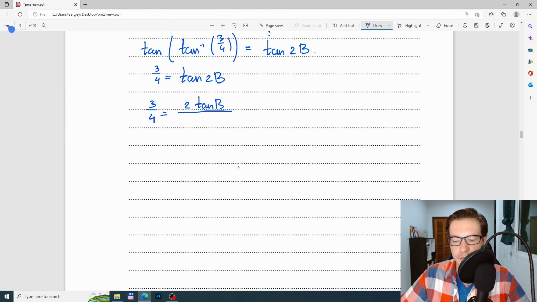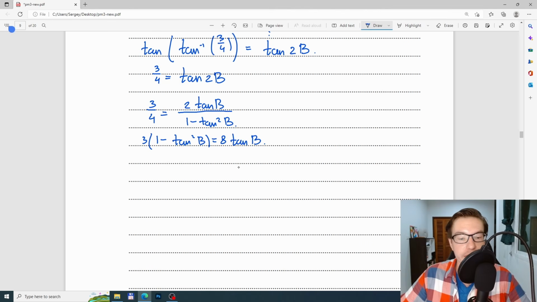over 1 minus tangent squared b. I'm going to multiply both sides by the common denominator, and I will get 3 times (1 minus tangent squared b) equals 4 times 2, which is 8, tangent b.